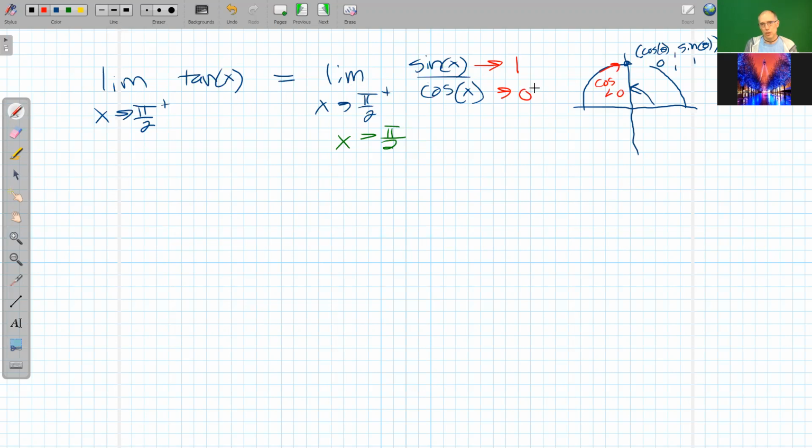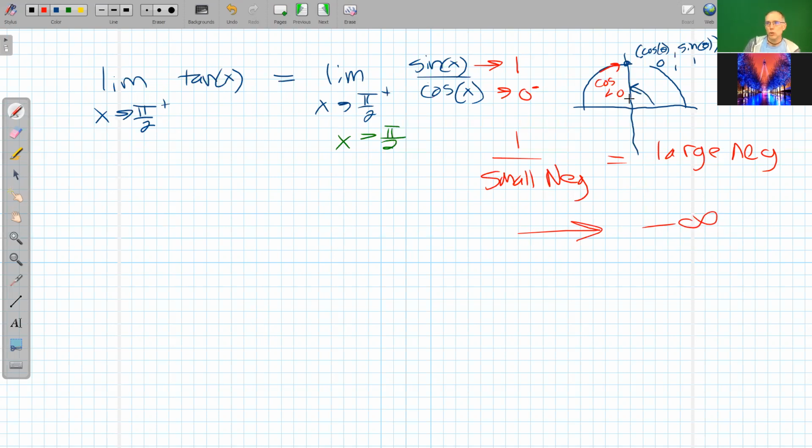It's a negative number. So I'm at 0 on the left side there. So I have 1 over an increasingly small negative number, which is going to give me a large negative number. And so in the limit, it's going to be negative infinity. And we can see that on the graph too.